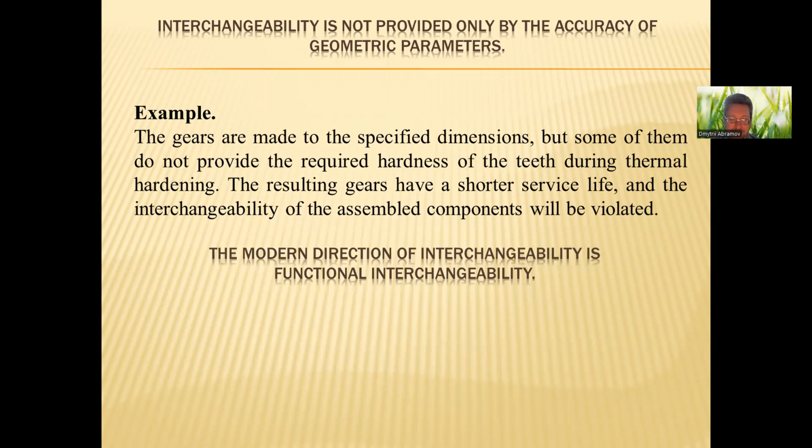The modern direction of interchangeability is functional interchangeability.